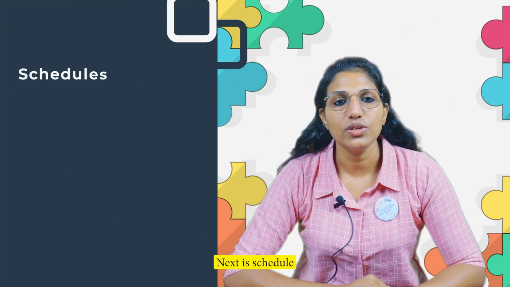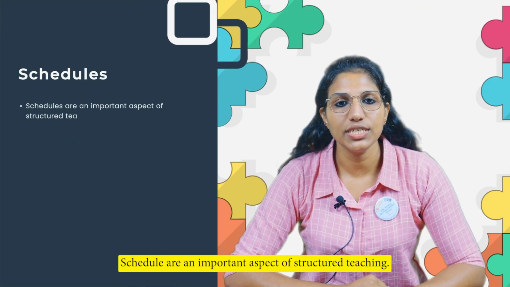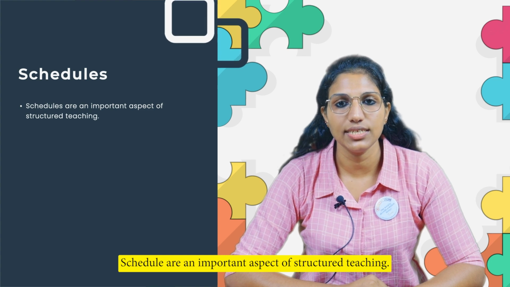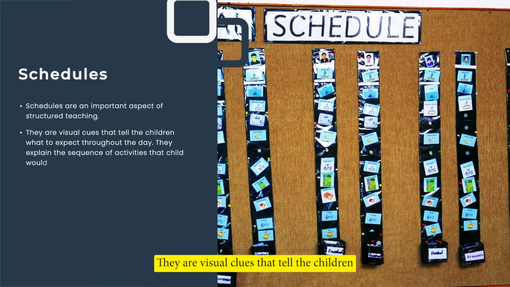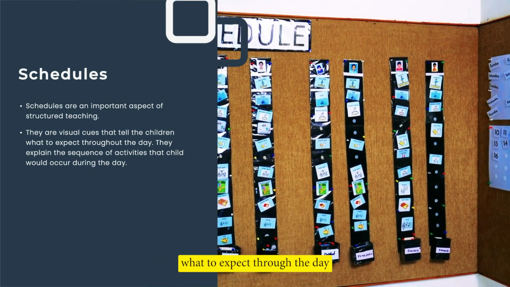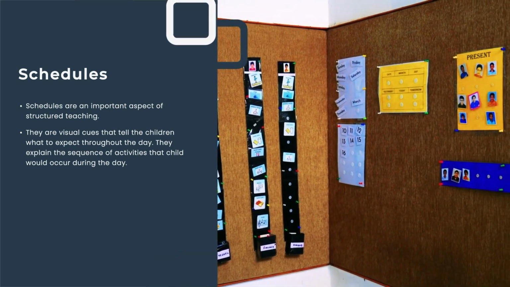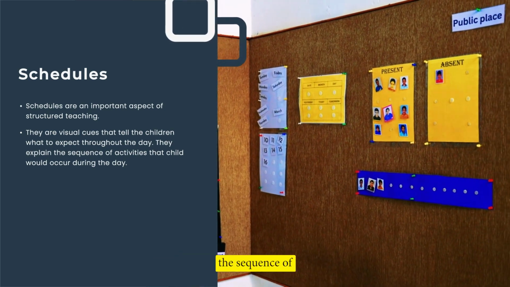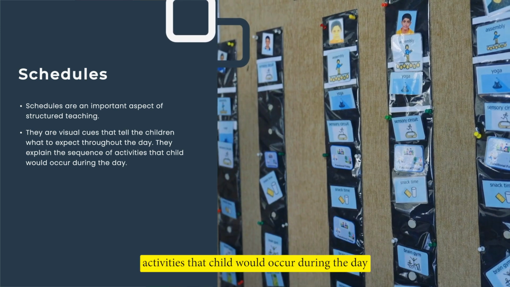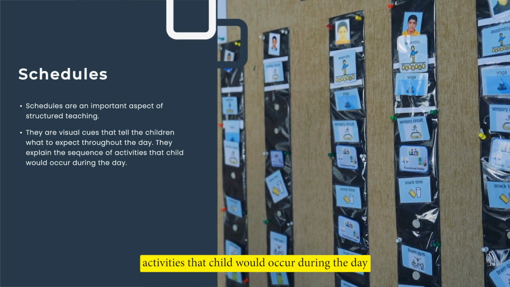Next is schedule. Schedules are an important aspect of structured teaching. They are visual cues that tell the children what to expect through the day. They explain the sequence of activities that would occur during the day.